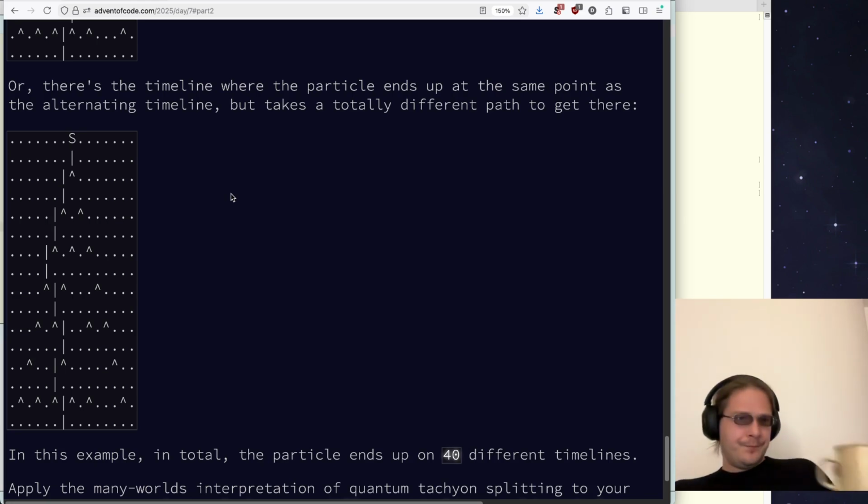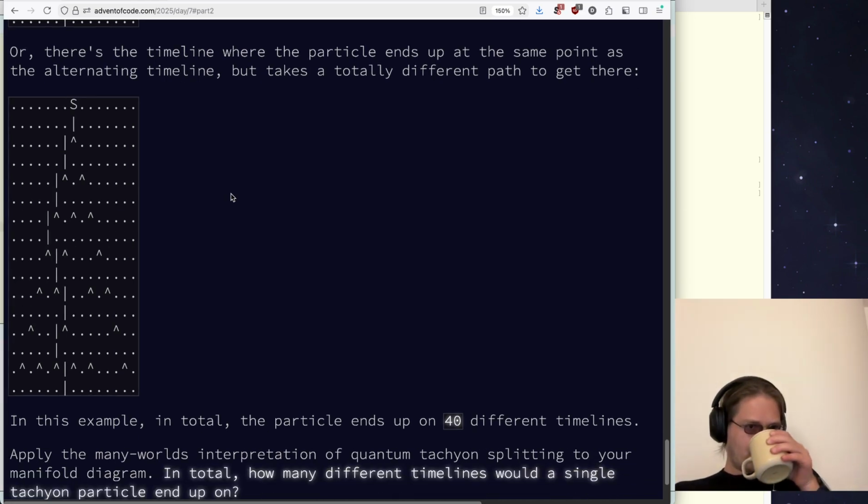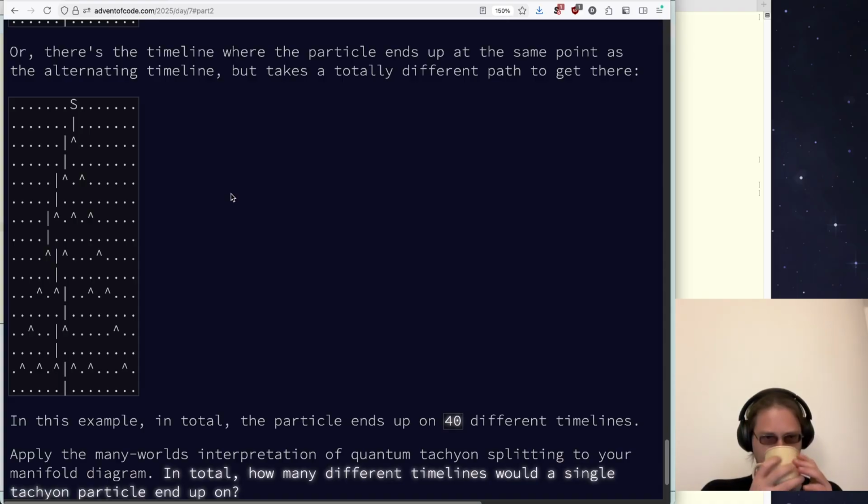Huh. Is this just a DFS now, where we increment each beam that is lost?